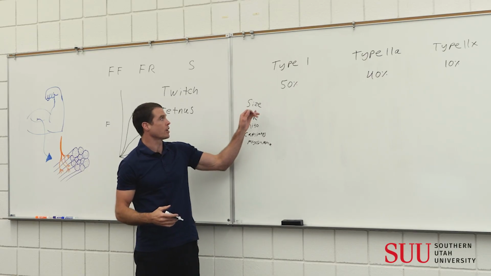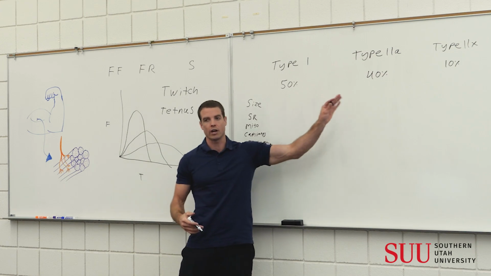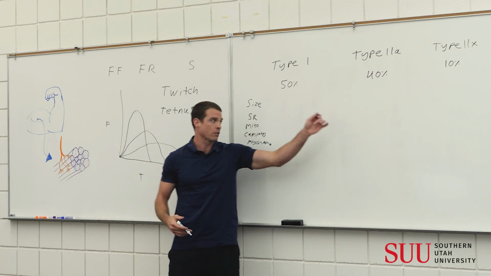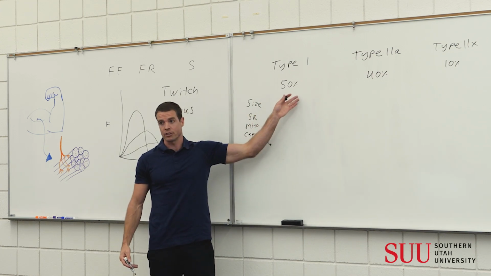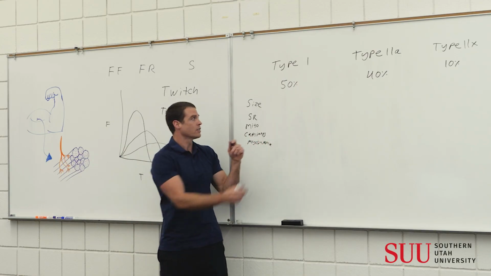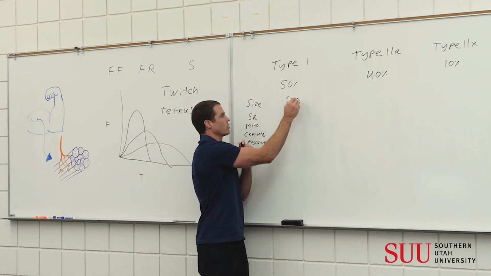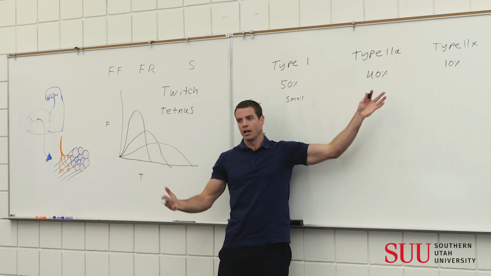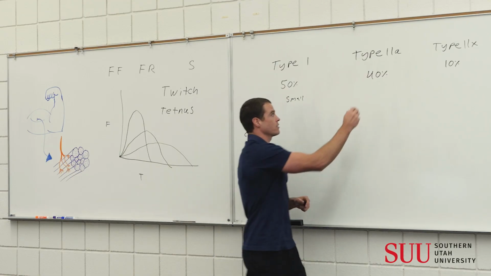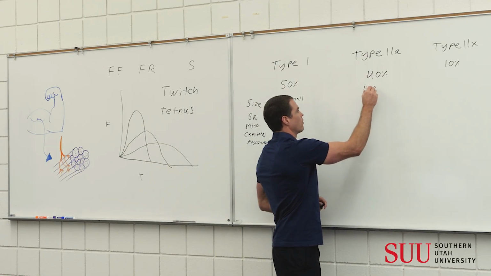Then we can go through and think, okay, where would you expect this one to be? So like fiber size, for example, well, this is going to be smaller, right? So we can think, okay, this will be more small. This one's going to be more intermediate or larger. Well, it's a type 2x, so yes, it'll be large.